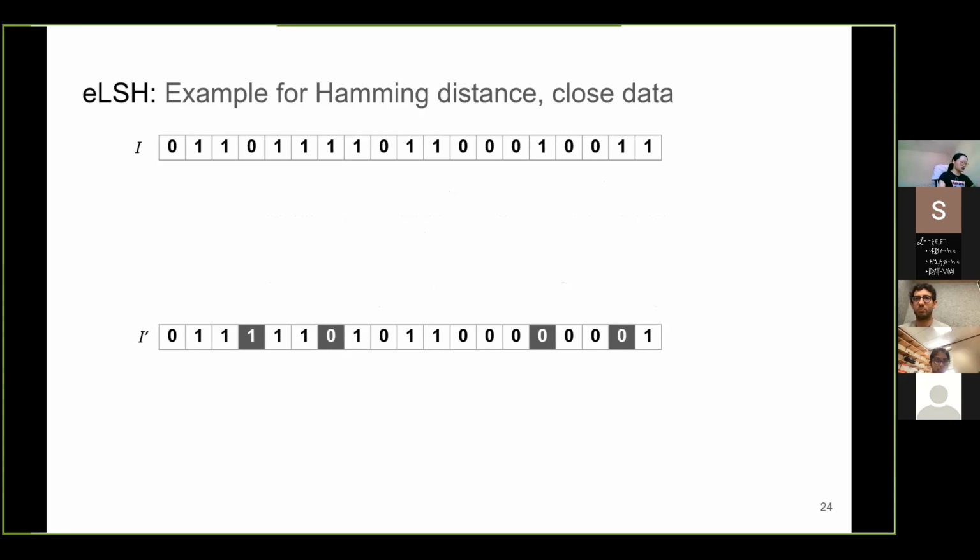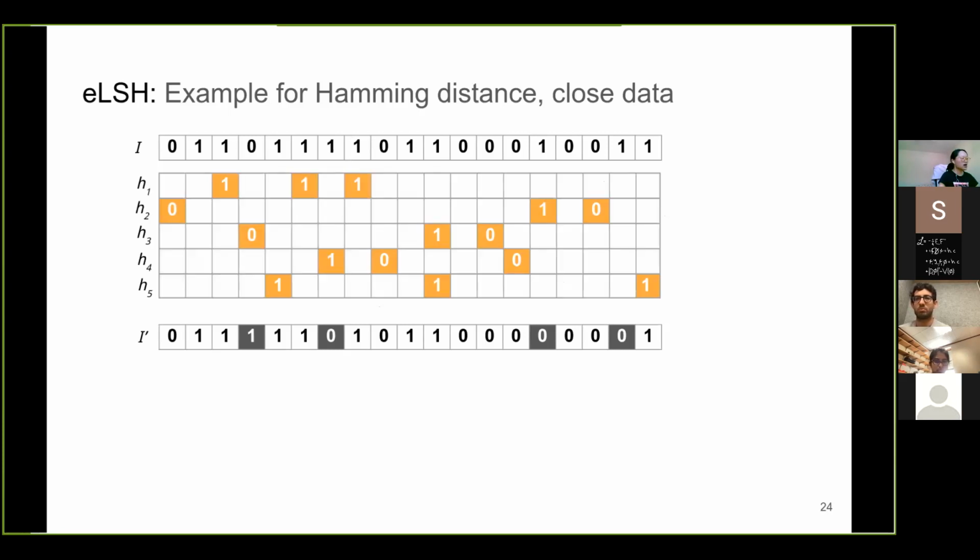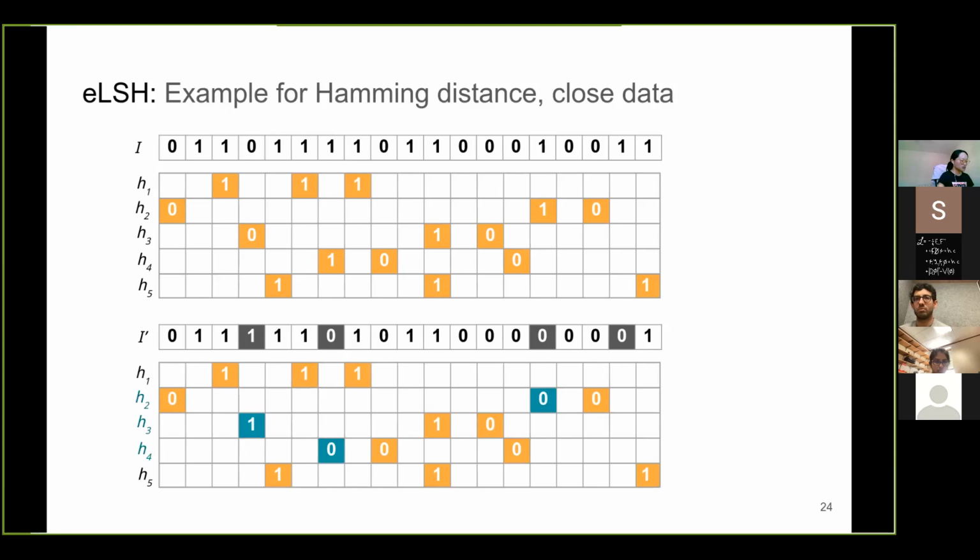Suppose we're working with the Hamming distance, and these two, I and I prime, are two vectors of bits. And suppose we have H1 to H5 random hash functions, and those orange digits are the corresponding hashes of I. And these are the corresponding hashes of I prime. And we found matches. So for ELSH, these two points are close.